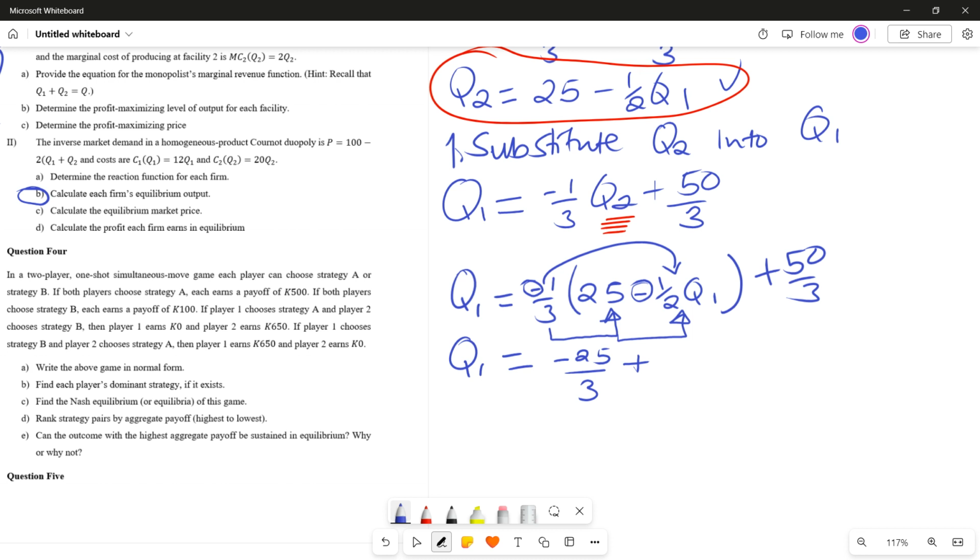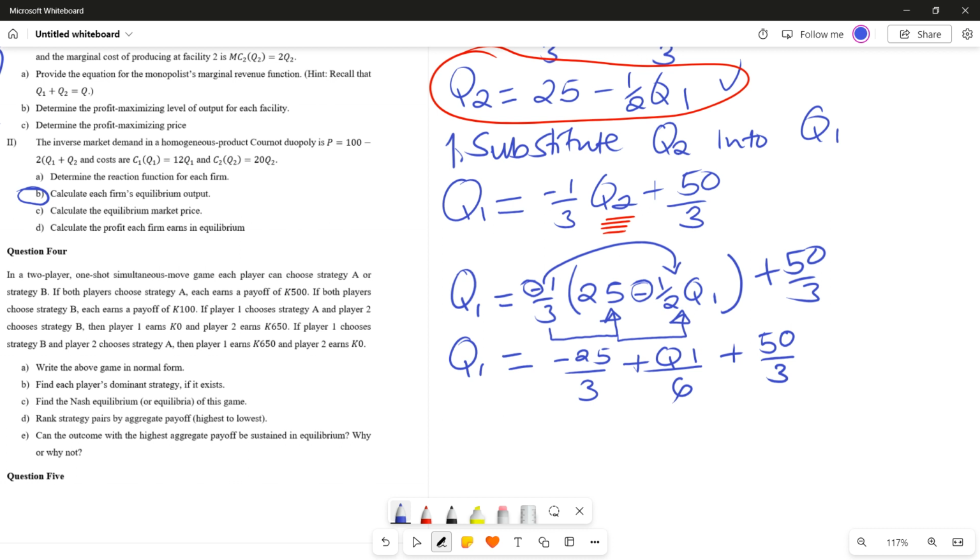So plus Q1 divided by 6. That is after multiplying, right? The -1 times Q1 will give us Q1, then 3 times 2 is 6. And we put back the 50/3.